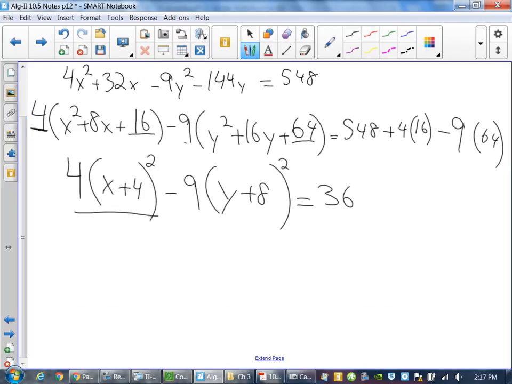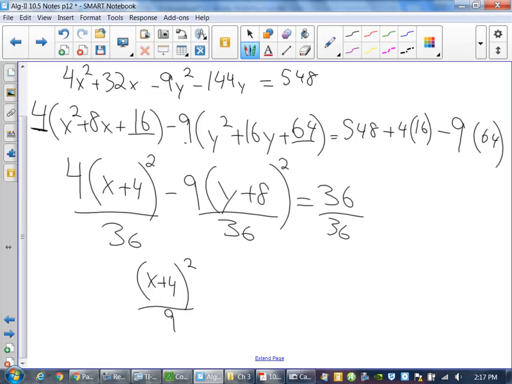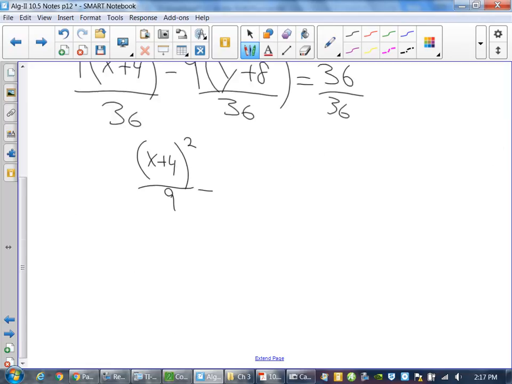Just follow the steps. 548 plus 32, 64, and then that. So you get x plus 4 quantity squared over 9 minus y plus 8 quantity squared over 4 is 1.